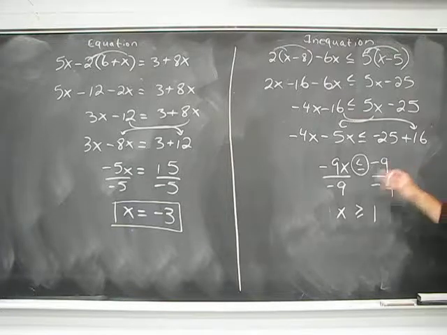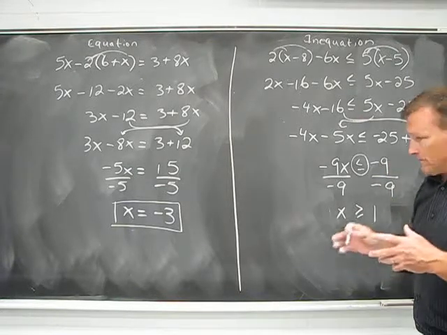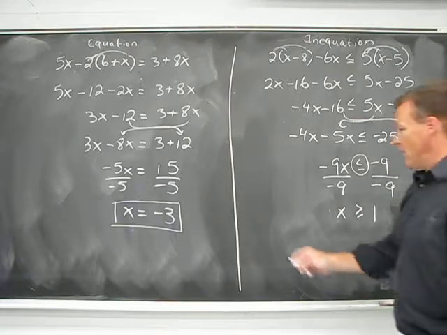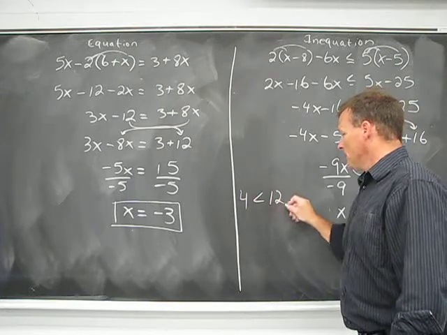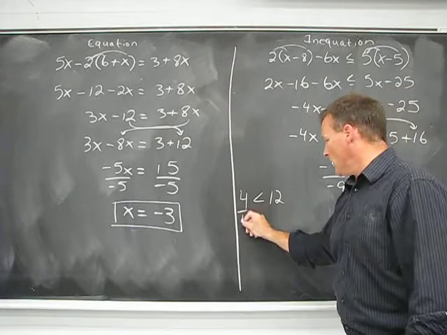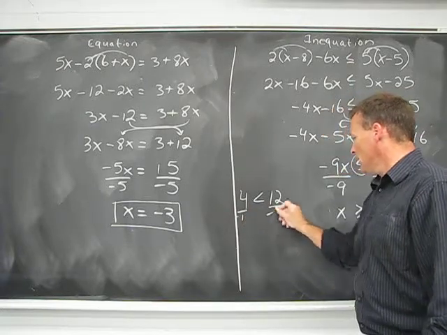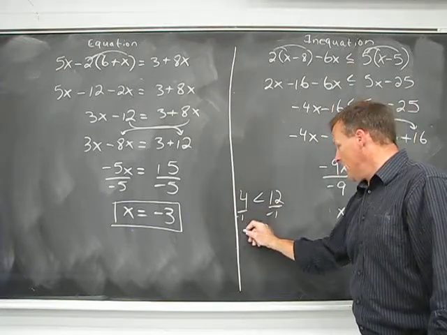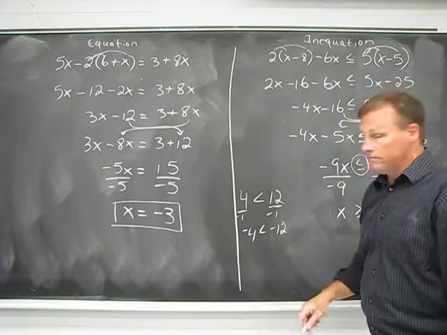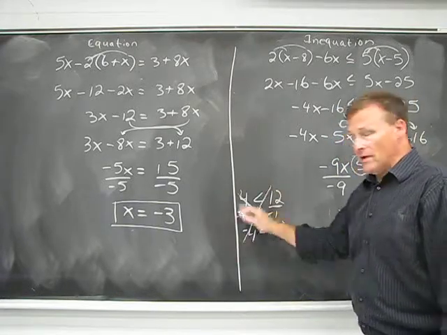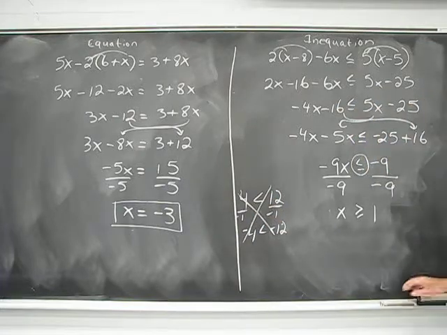We have to reverse that inequality because we're dividing a negative both sides. If I had 4 less than 12, and I divided both sides by negative 1, that would say negative 4 is less than negative 12, which isn't true. That's why you have to reverse it when you divide by a negative.